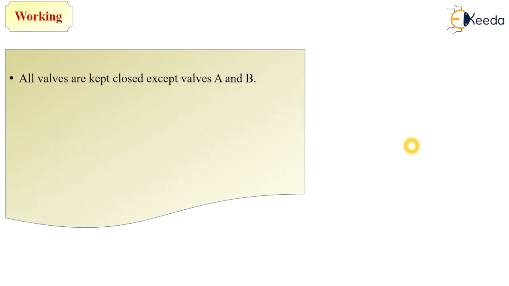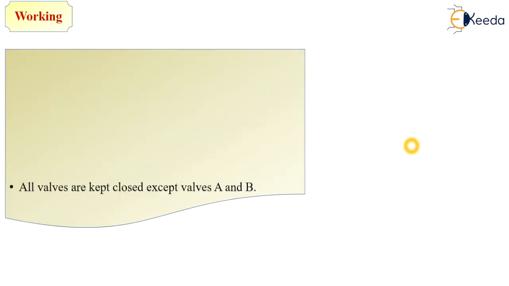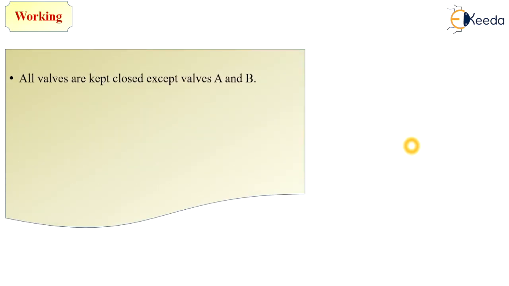The working of rapid sand filtration is, first, all valves are kept closed except valves A and B. Okay, the diagram we will see later. So just first you try to understand. First of all the valves are closed. Then valve A is opened to permit water from the clarifier.